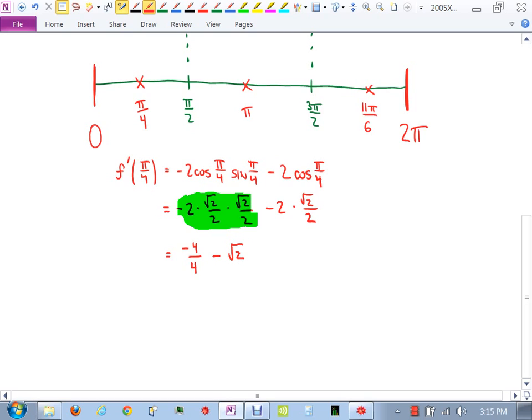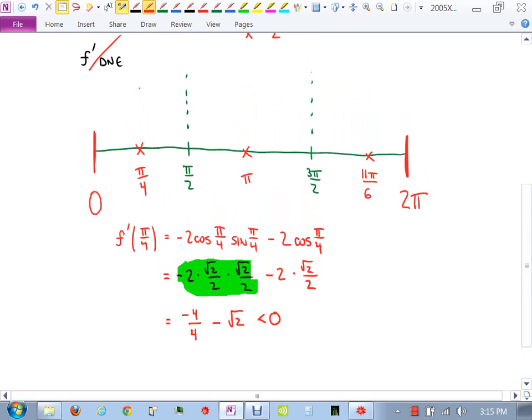Is that answer positive or negative? Negative 1, take away root 2. That's a negative number, isn't it? So this is less than 0. What does it tell me about my function? It's going down. F is going down over here. Now you have to do the same thing for pi.